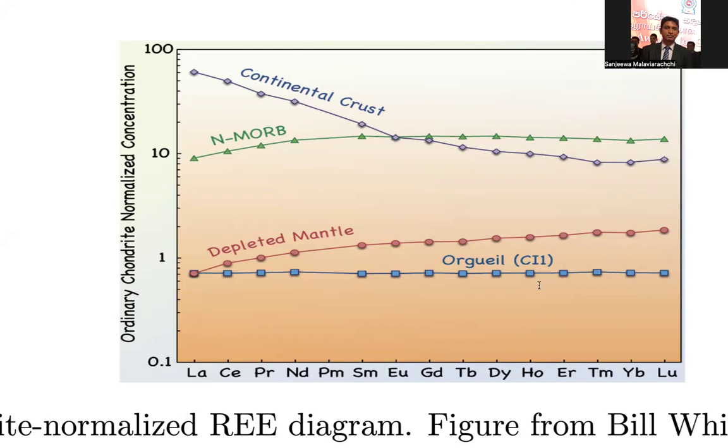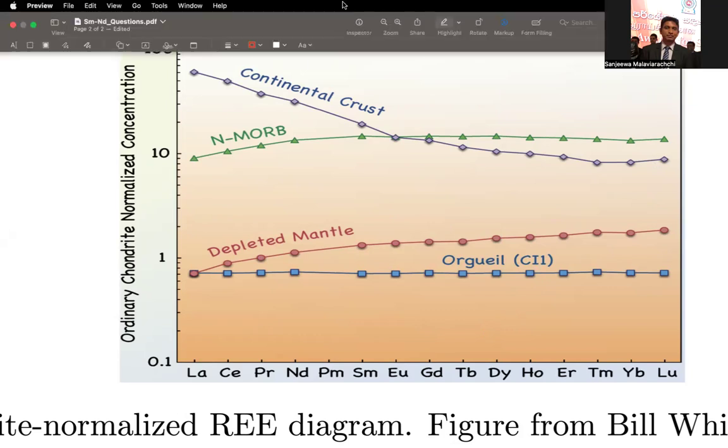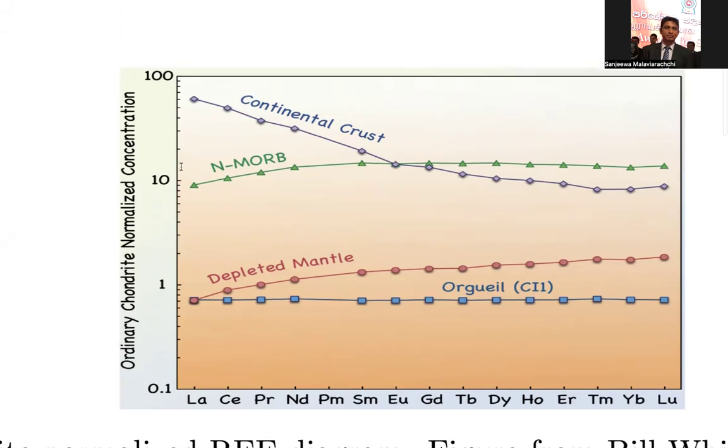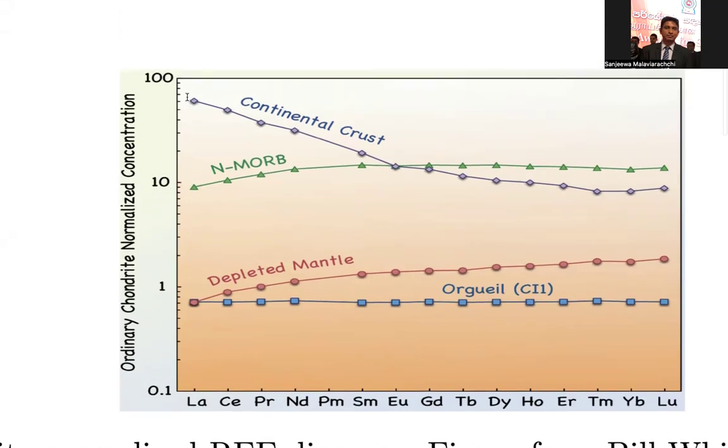Heavy rare earth elements, unlike the flat pattern you observe here for the chondrite or the depleted mantle. So the continental crust is definitely very close to 100.